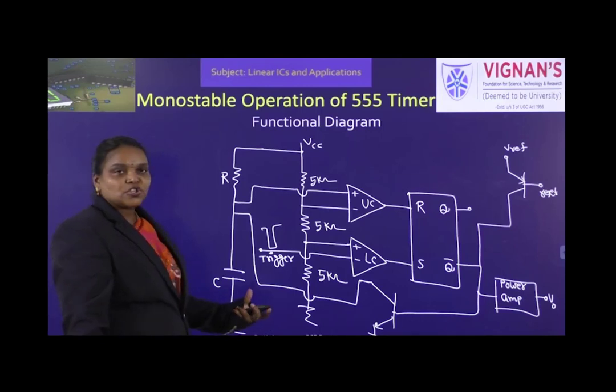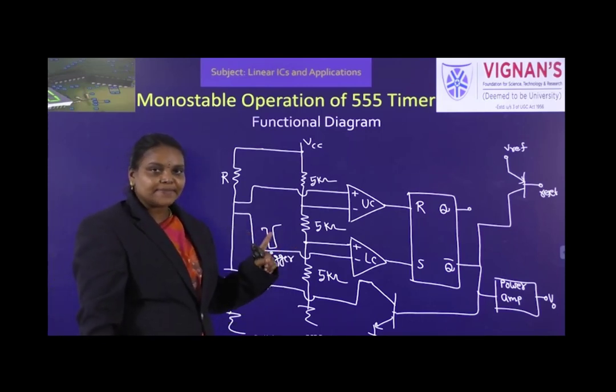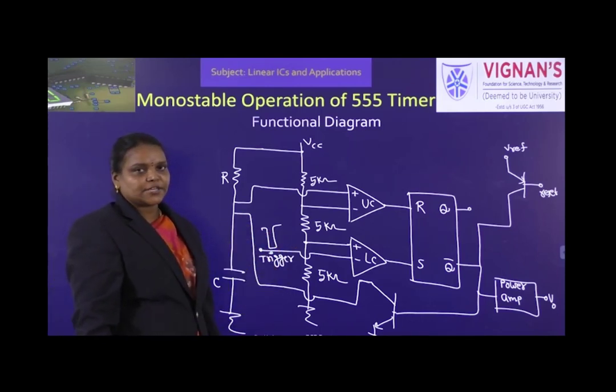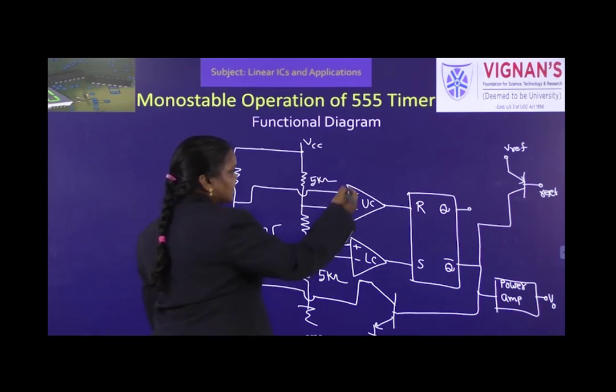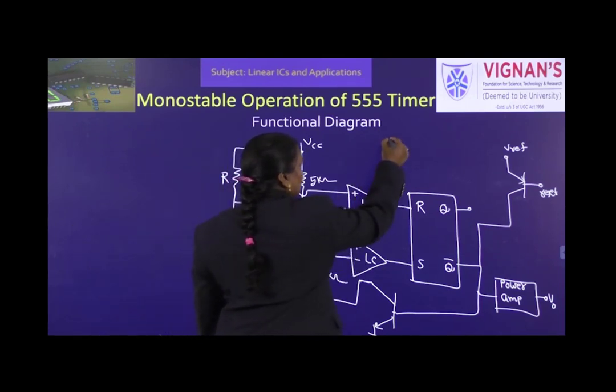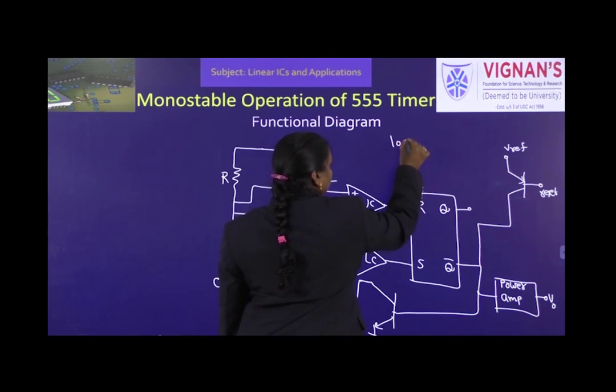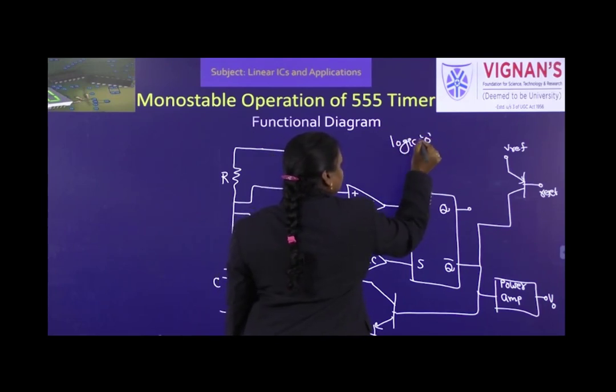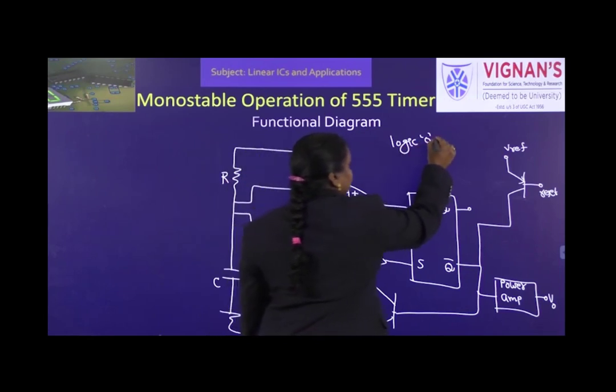Now let us see. Monostable means it has one stable state and one quasi-stable state, right? So first let us assume it is in the stable state. It is logic 0. So here this circuit's stable state is logic 0.